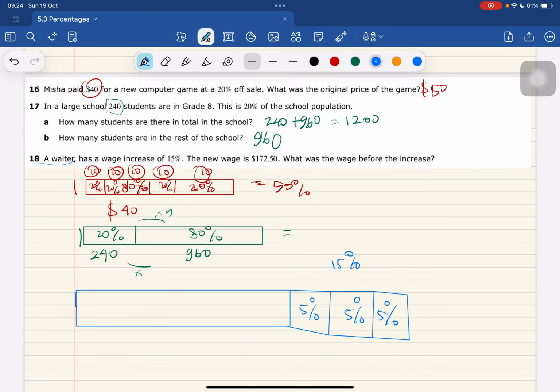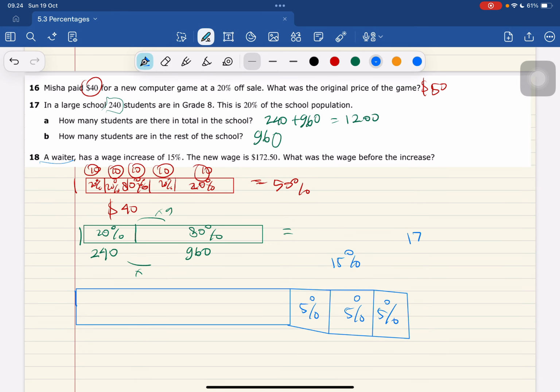So let's find it: 172.5 times 15 divided by 100.